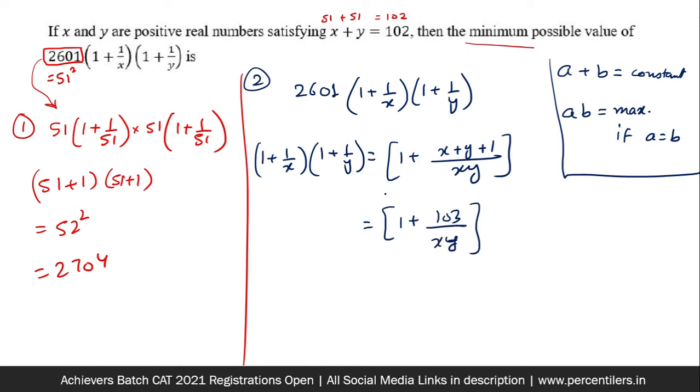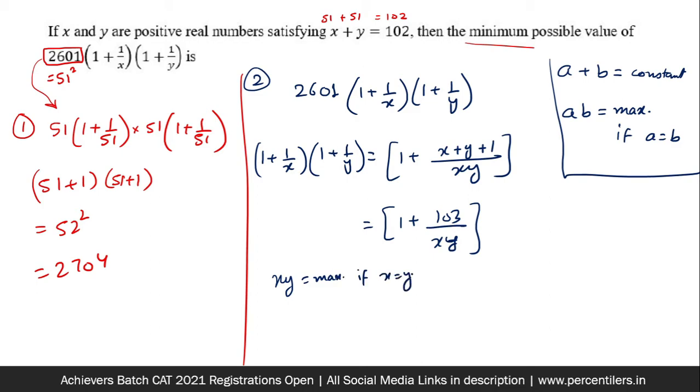So this variable component becomes 1 plus 103 upon xy. We have already talked about this, that for this expression to be minimum, this xy has to be maximum because it's in the denominator. And xy will be maximum if x is equal to y.